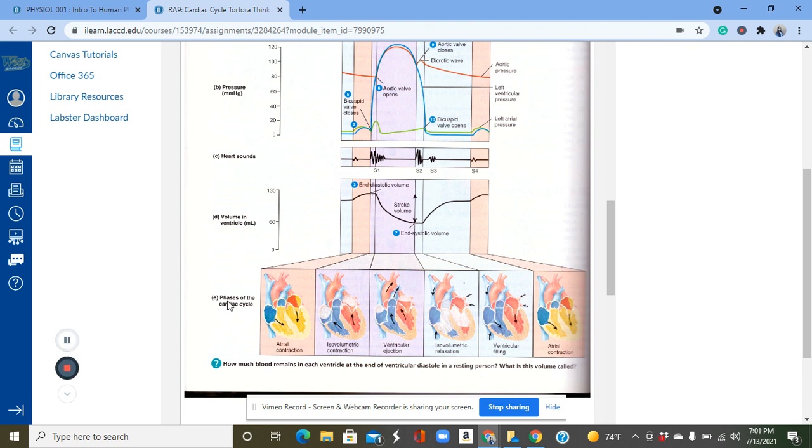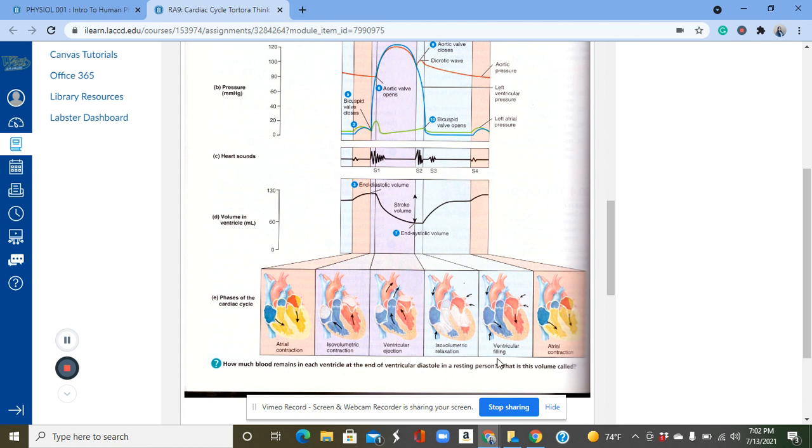And the last one is the phases of the cardiac cycle. It looks like the first one is the atrial contraction, which forces blood into the ventricles. The second one is the isovolumetric contraction, which pushes the AV valves closed. Then ventricular ejection, where the valves are open and the blood is ejected.